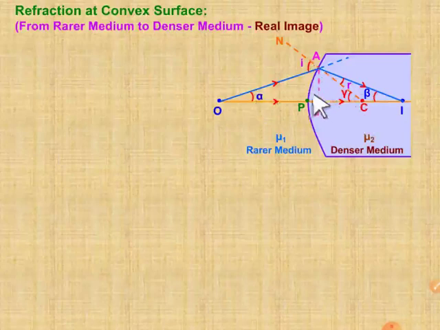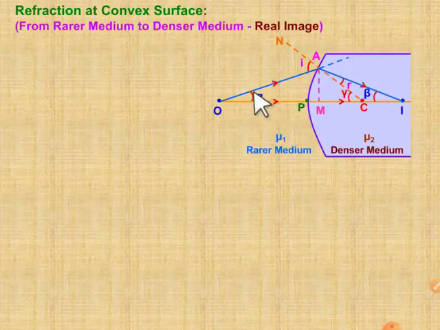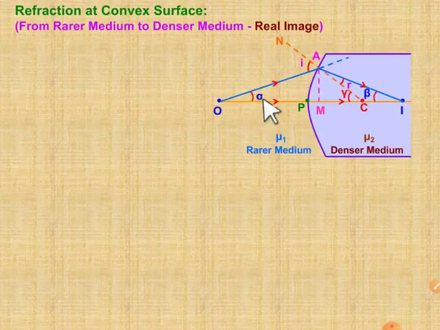As I have said in the assumption, the angles formed by the incident ray, the refracted ray, and the normal are assumed to be small. Then tangent of alpha will be approximately equal to alpha. Tangent of beta will also be approximately equal to beta.